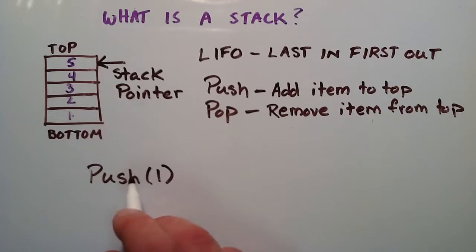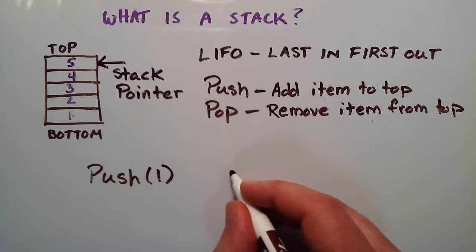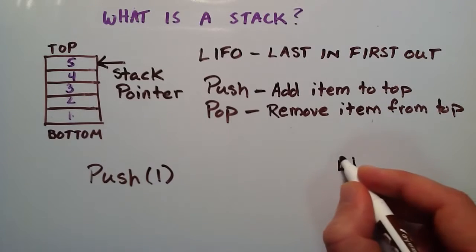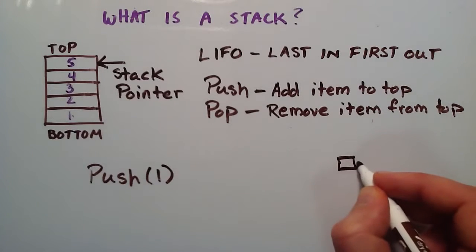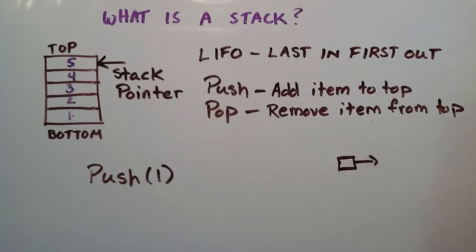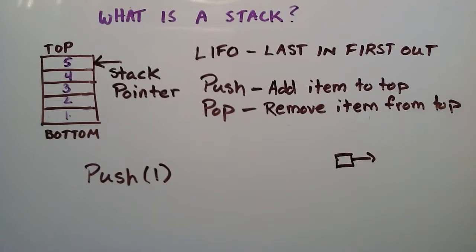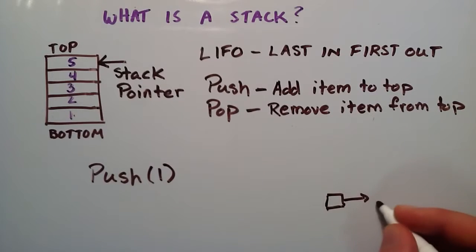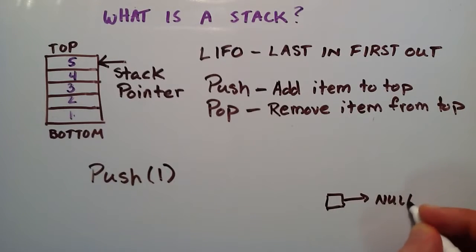My push function is going to take the value 1 and place it on a stack. For now, we don't have any type of stack at this point. So we'll say this is our stack pointer, down here, and it's pointing to null right now to begin with.